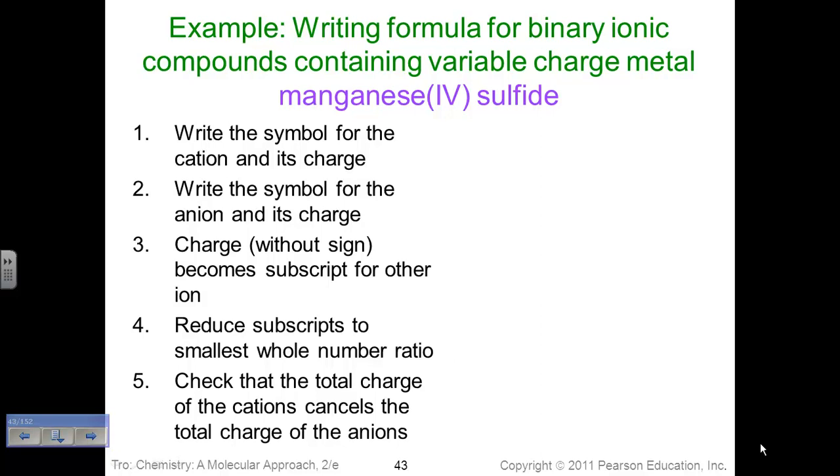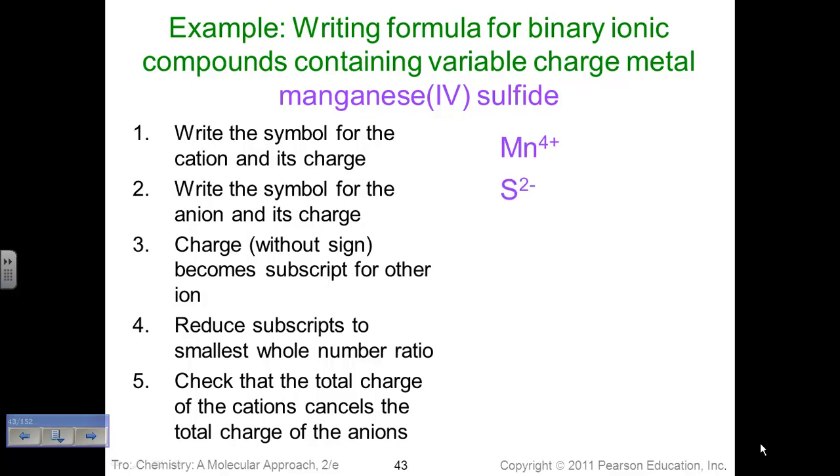What if we go the opposite direction and we're looking at a name and want to turn that into a formula? Following those steps, manganese, Roman numeral 4, sulfide. Well, the Roman numeral tells us the charge that it carries. So Mn, the symbol for the element manganese, carrying its positive 4 charge.